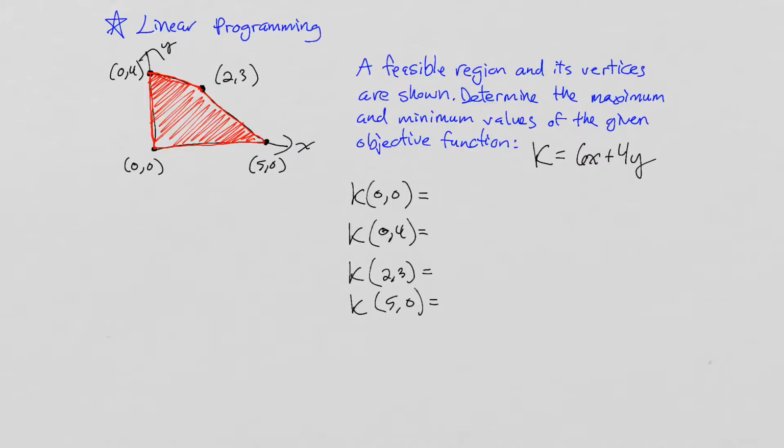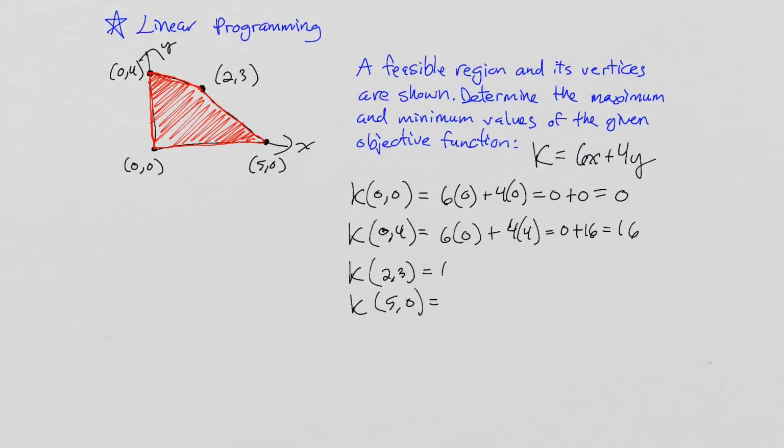So the first one, we're going to put in the 0 here for x and 0 for y. And of course that's going to be 0 plus 0, which is 0. The second one is going to be 0 for x and 4 for y. That's going to give us 0 plus 16, which is 16.